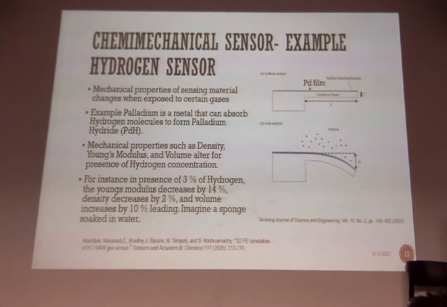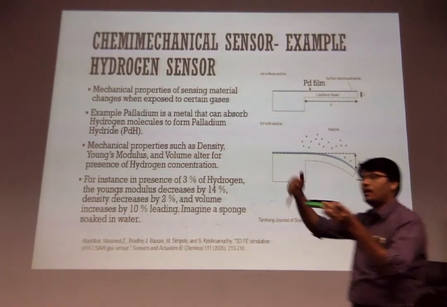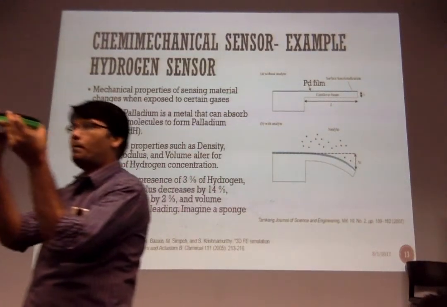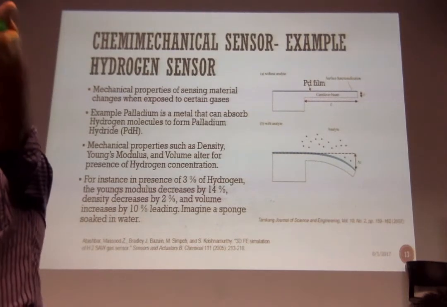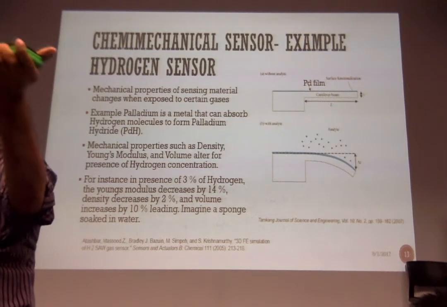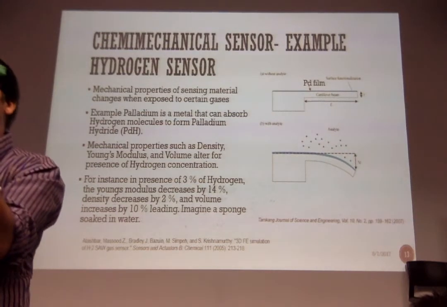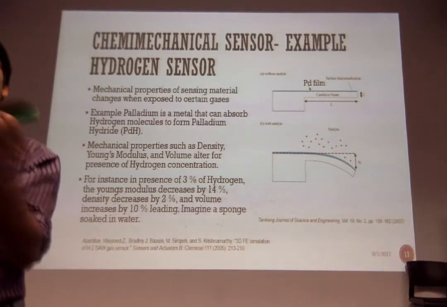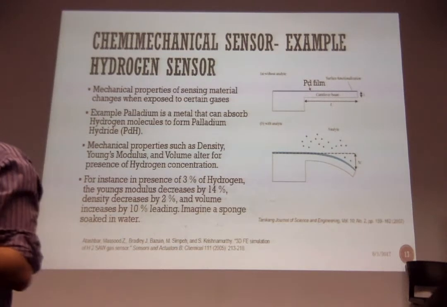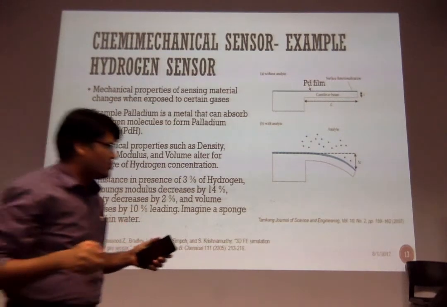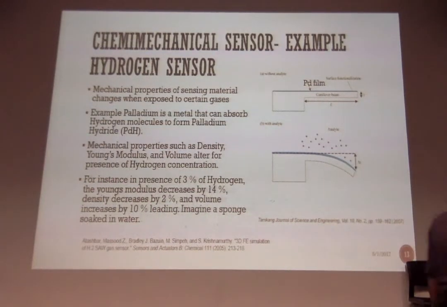If I apply a stress to this material, it's going to bend. Or if I try to pull this with a certain force, it's going to extend. Or in other words, there will be a strain. So this ratio of stress by strain is a constant for a material, and that's Young's modulus. And the next one is the Poisson ratio. We don't go into too much detail. So these are some constants of a material.